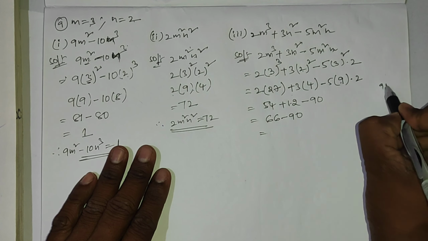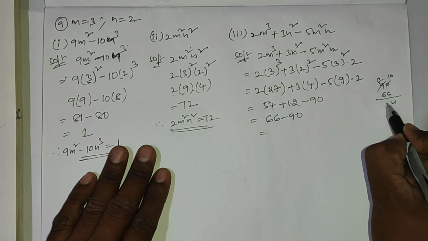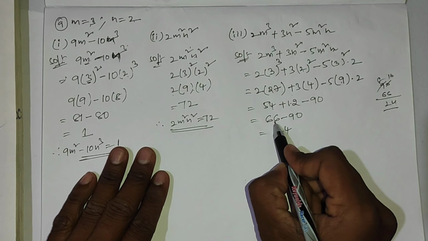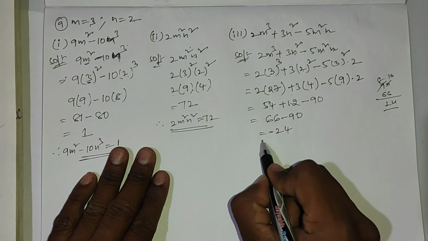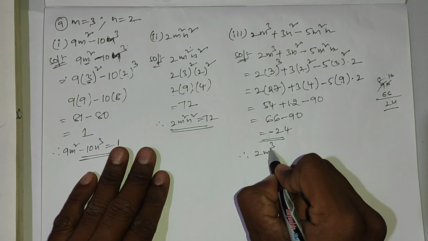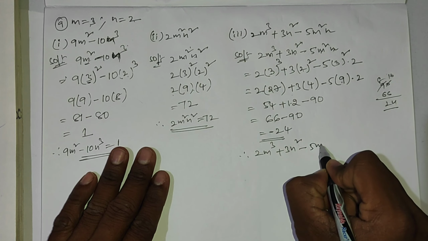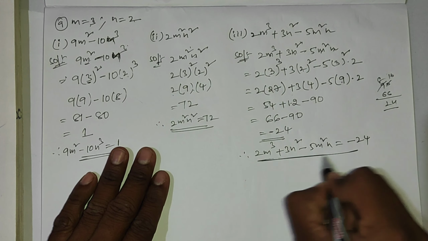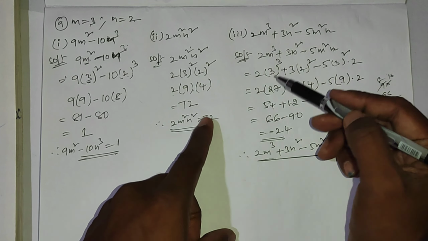Now 90 minus 66 is 24. So 66 and 90, 90 is the greater number having the minus symbol. So the answer is minus 24. Therefore what we can conclude here? 2m cube plus 3n square minus 5m square n is equal to minus 24. Right? So you have to multiply. You just have to remember here only one thing, what is it?